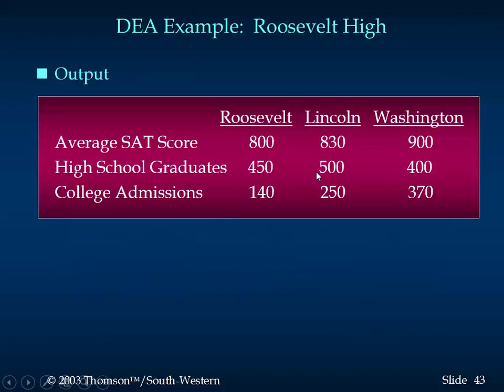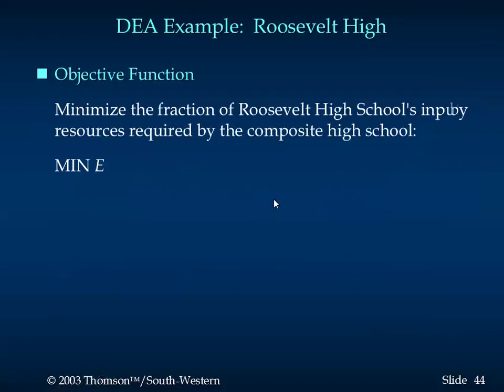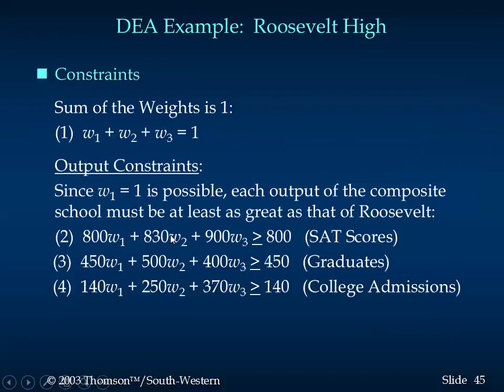Similarly, 450 W1, 500 W2, 400 W3 should be greater than or equal to 450. 140 W1, 250 W2, 370 W3 should be greater than or equal to 140. So those are the output constraints: weighted average output greater than or equal to the outputs of the target.